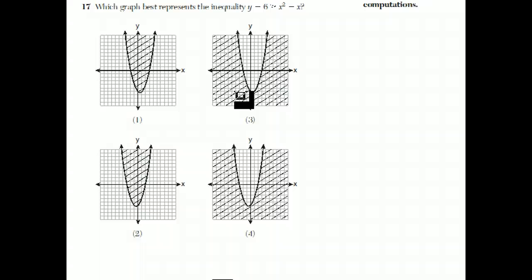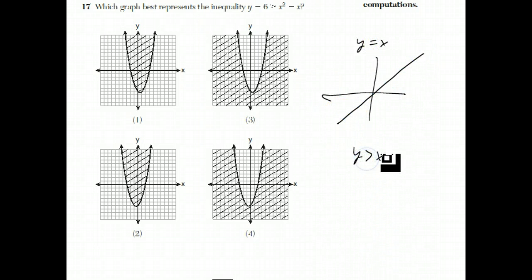Which graph best represents the inequality y plus 6 is greater than or equal to x squared minus x? So for an inequality, you use shading. For instance, y equals x is just a line, but y is greater than x.